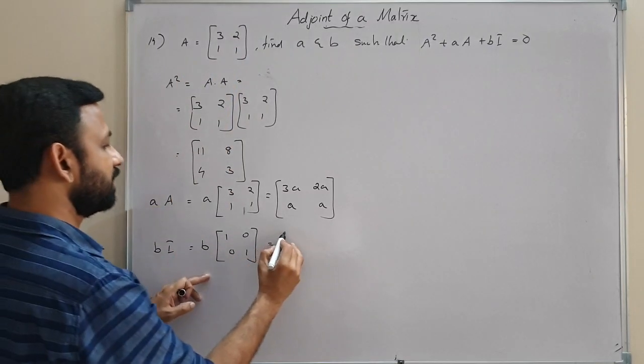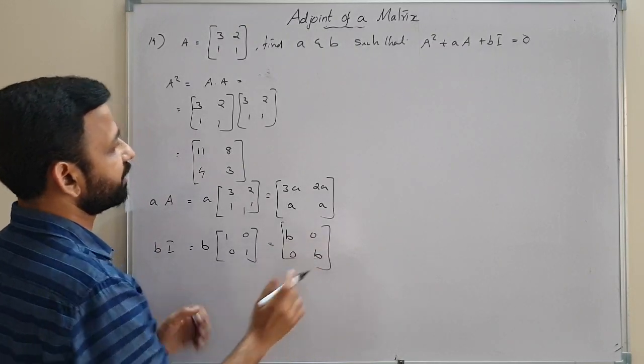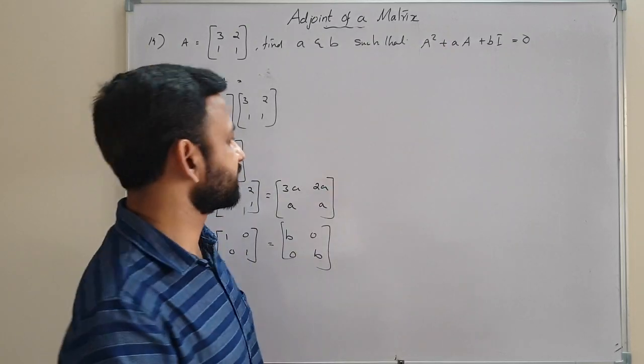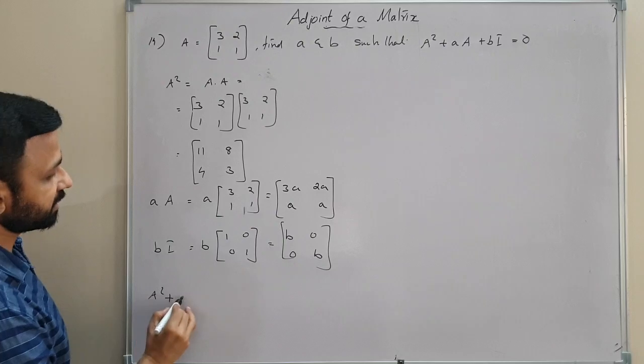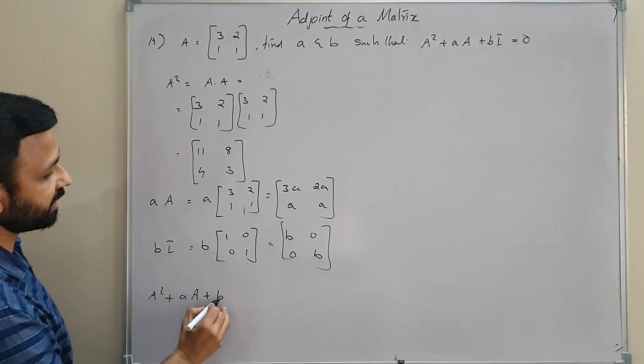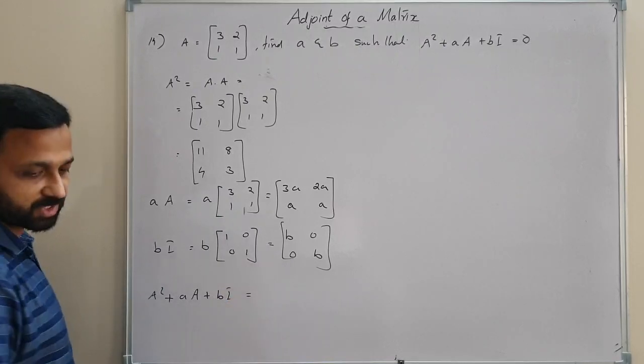So that matrix is b, 0, 0, b. So now we got all the three terms of that expression. Now we can replace A square plus aA plus bI equal to, that is given, 0, 0 matrix.